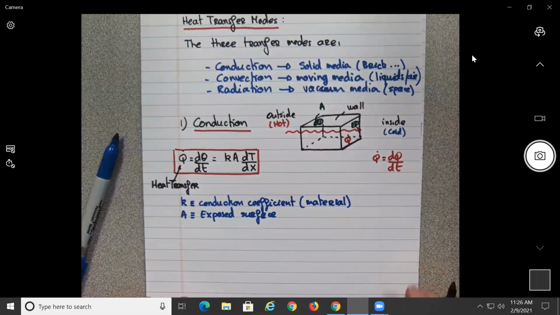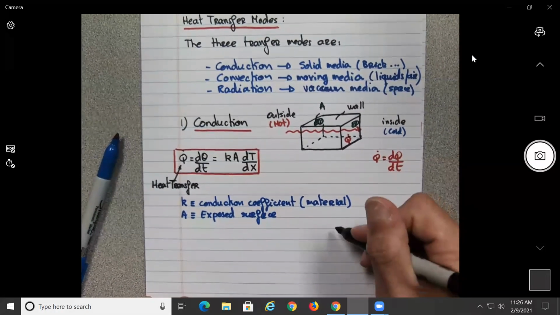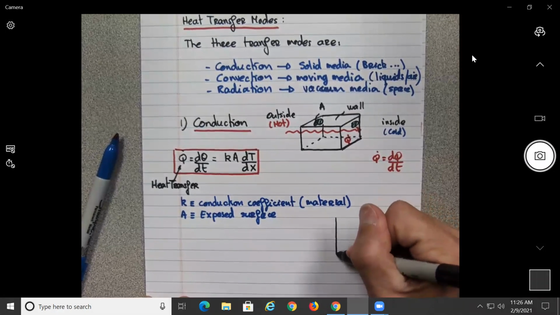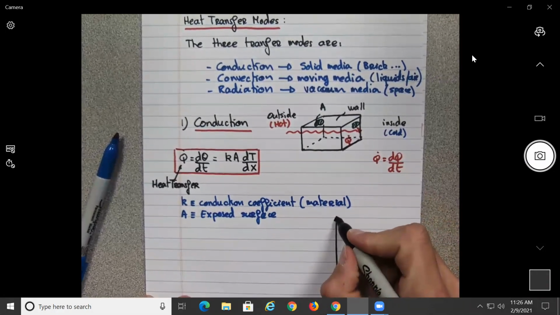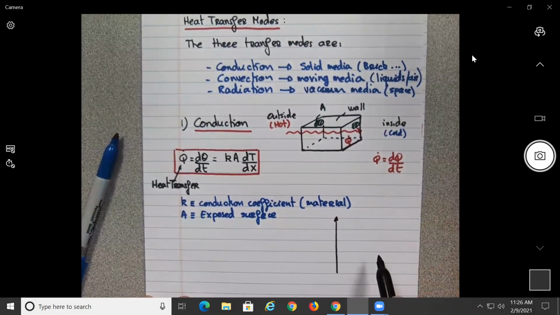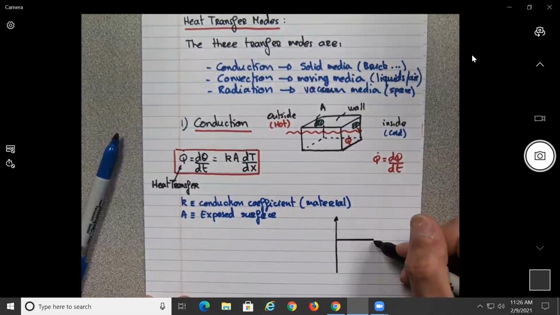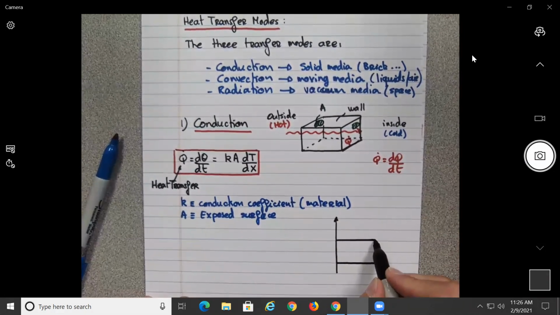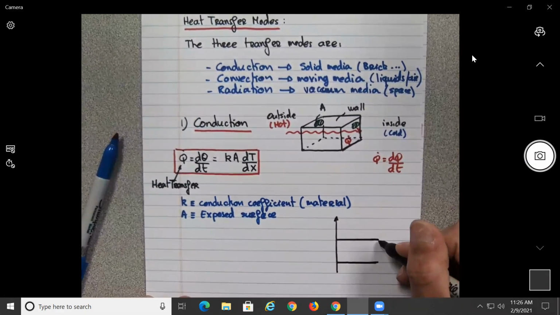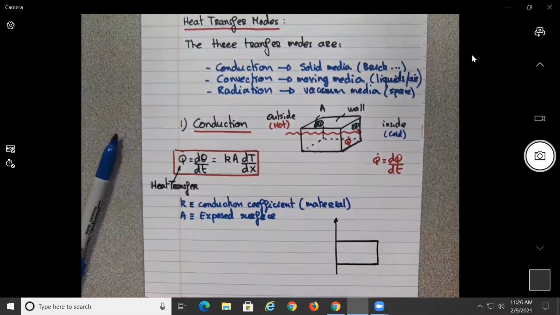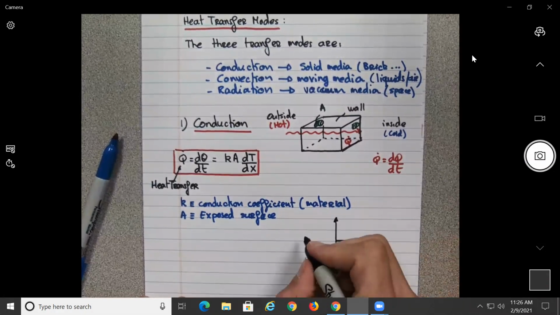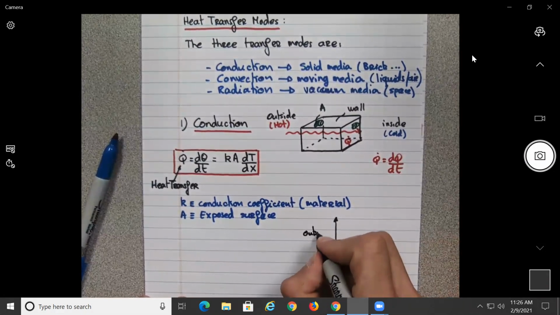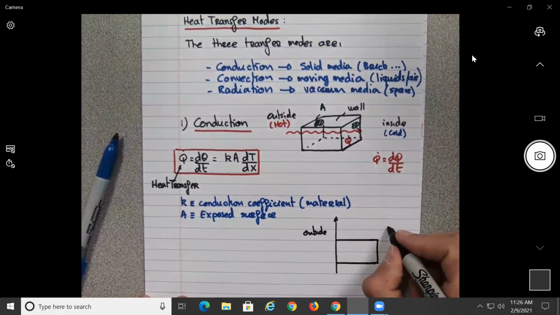So now, if I do a plot of the temperature, okay, maybe, let's put it this way. So this is your wall over here. I'm just doing it in 1D. So this is the outside. This is the inside.